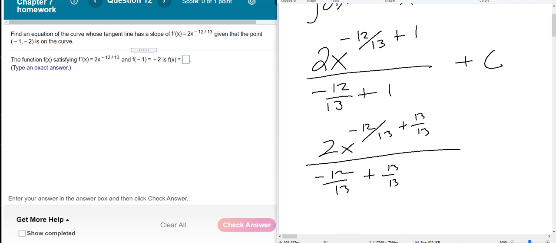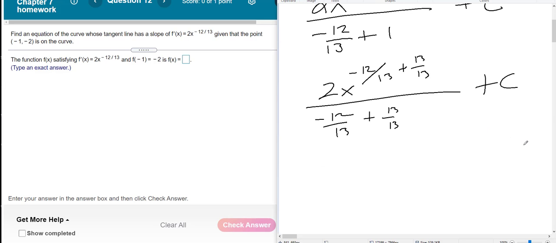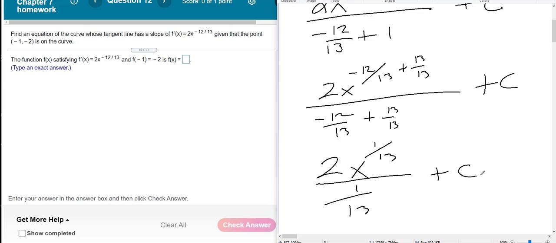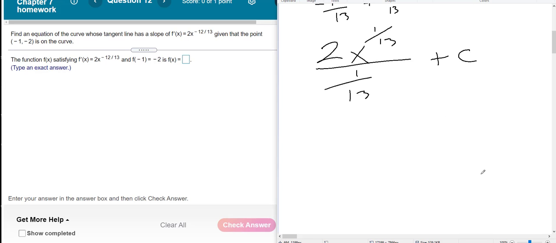And again, I could have used my calculator. And of course, plus c. So it's going to be 2x to the 1/13 divided by 1/13 plus c. And so the 1/13 gets flipped over, 26 x to the 1/13 plus c. And this is my function, y equals that.